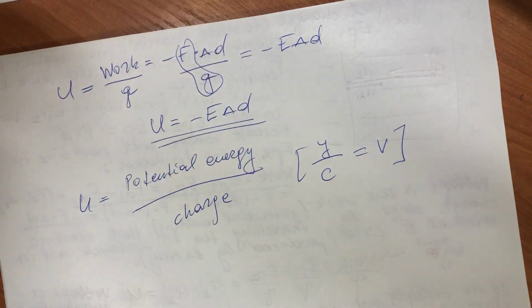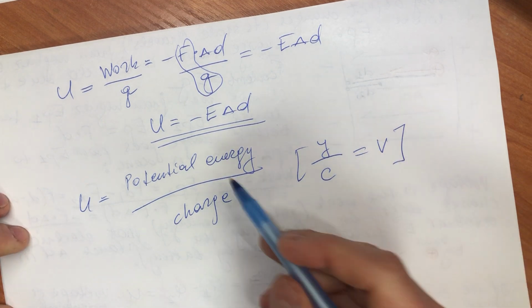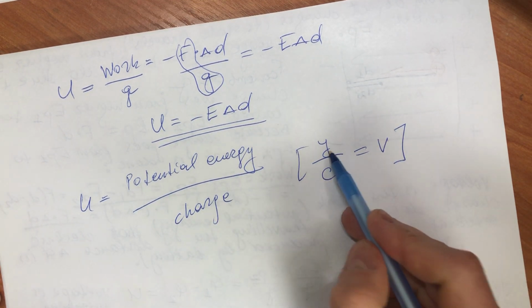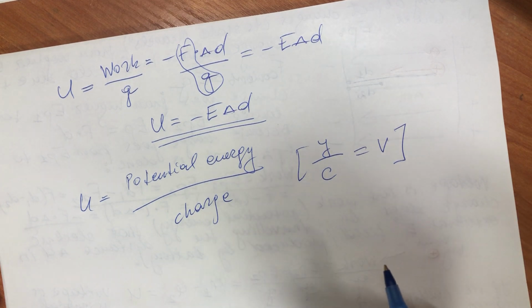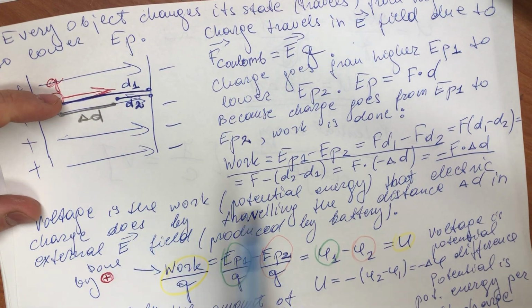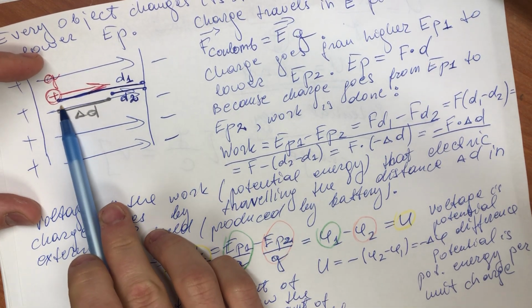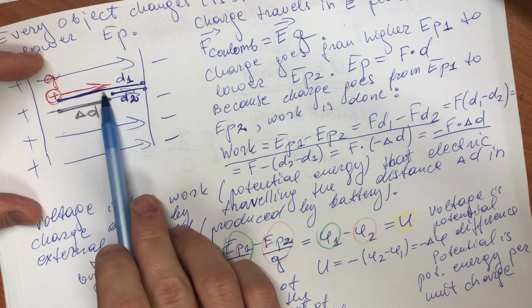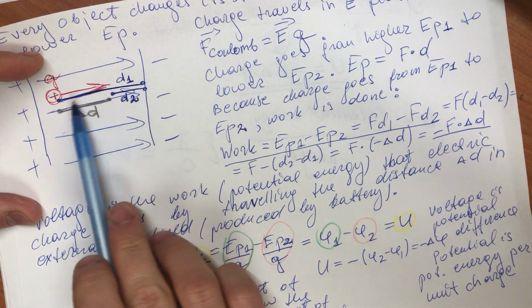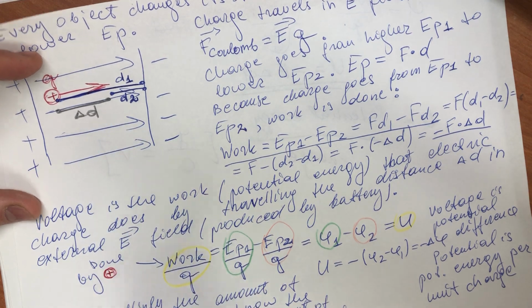Joules per coulomb, energy per unit charge. So this is what we say voltage. So voltage is work or potential energy per unit charge that it releases while traveling in the electric field of the battery.